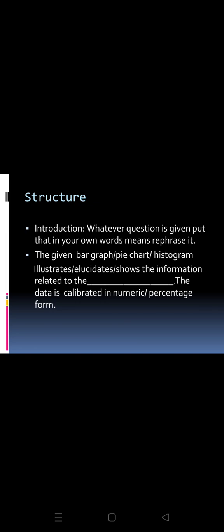So you'll be putting that, and you will use one of these verbs, elucidates or illustrates or shows or describes, whatever you want to write, choose one and then fill from the question itself. It's that simple. This will form your first paragraph.